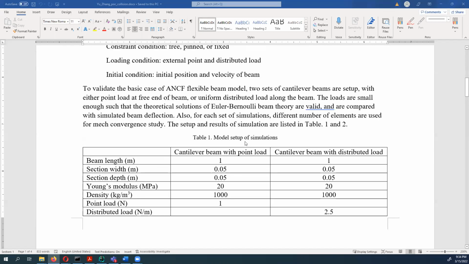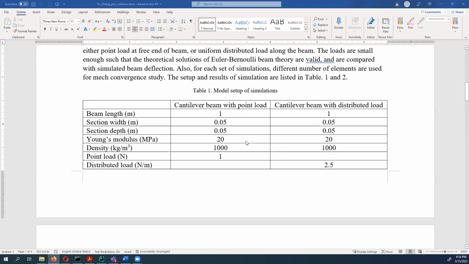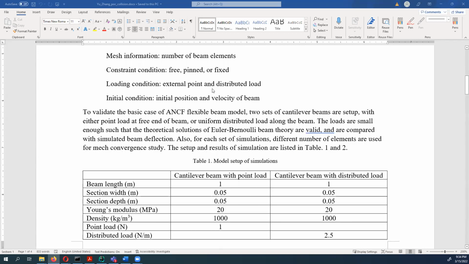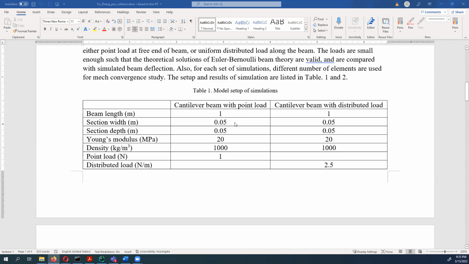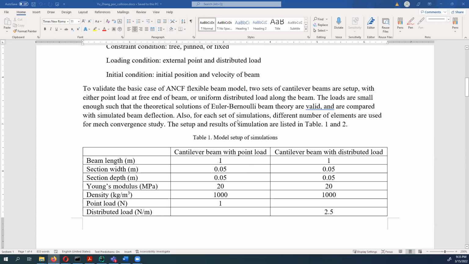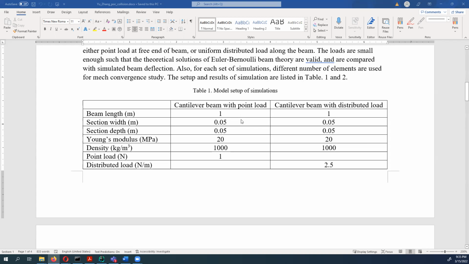So here, what I want to show is some simple validation of the model and the collision detection I designed for the model. Since one of the main parts of the model is to define the motion of the flexible beam, I'm using this calculation to compare the analytical solution of elastic beam deflection versus the numerical simulation result.